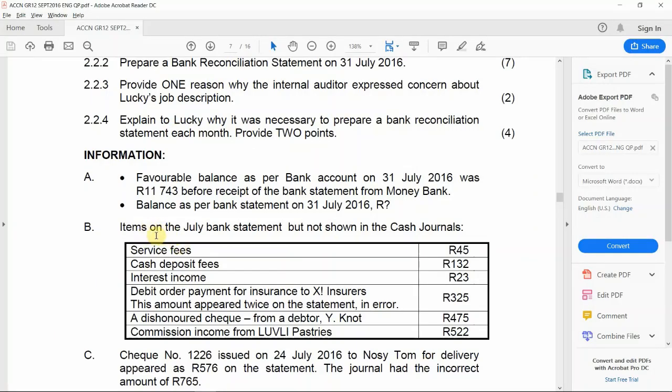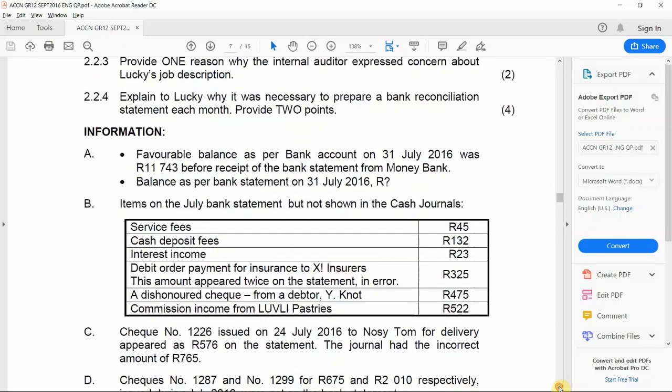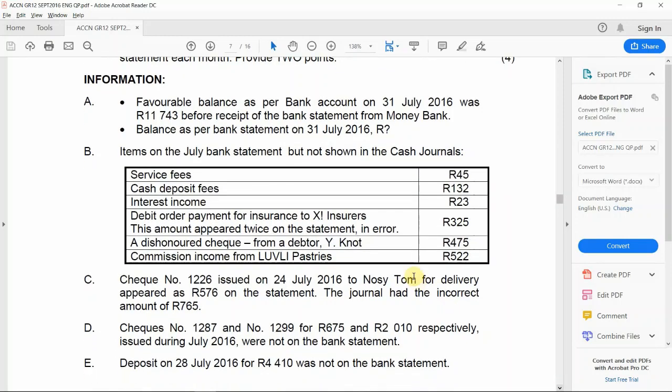So let's continue working systematically through the information that's given to us. Point B, we have items on the July bank statement but not shown in the cash journals. So we only know about these once we receive the bank statement. So in a sense, the bank statement is our source document. So we will have to go and update our records.